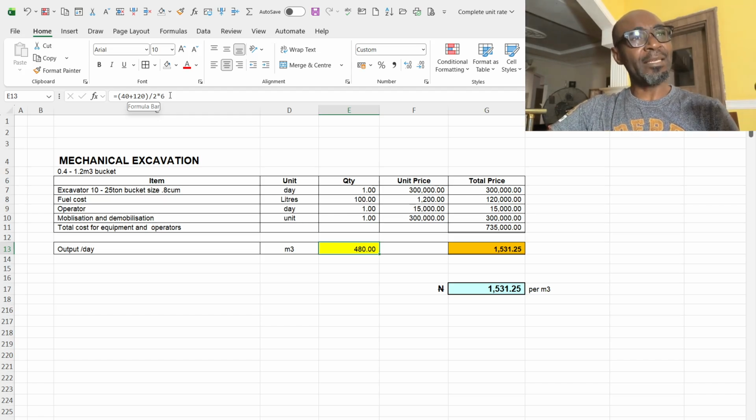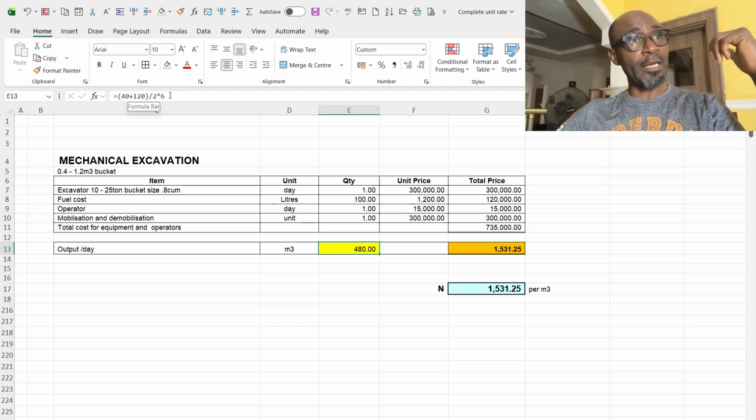Then there is idle time. Let's say the site the excavator is loading on is tight, where you do not have space to drop the material that you have excavated around the excavator. You need to load it on a truck.